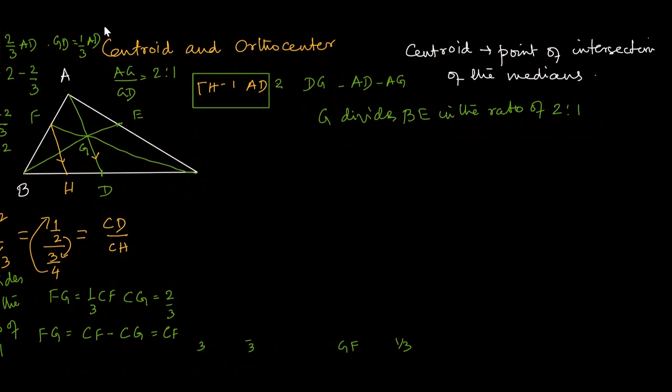So this is a very, very important property because you will be given questions based on this. What kind of questions? You will be given that in a triangle ABC, D, E, F are the midpoints of the sides respectively, and the lengths of AD, BE, and CF will be given.